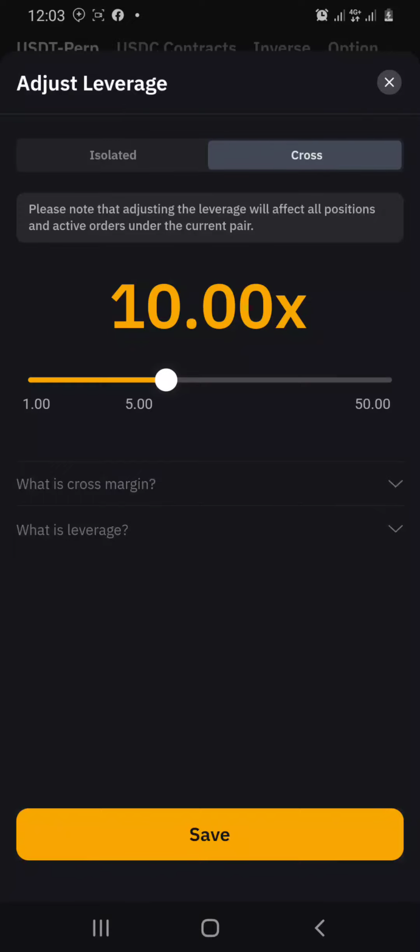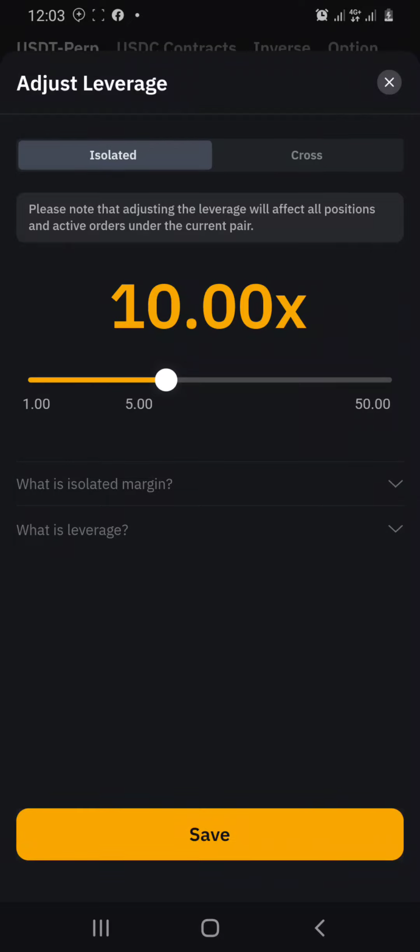So let me change this trade from cross to isolated. Now, when you are on isolated and you get liquidated, that particular money that you used for trading is the one that is going to be liquidated, not your total account. But if you use cross, all the money on that derivatives account is gone.